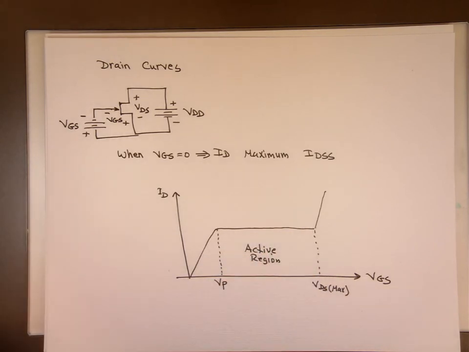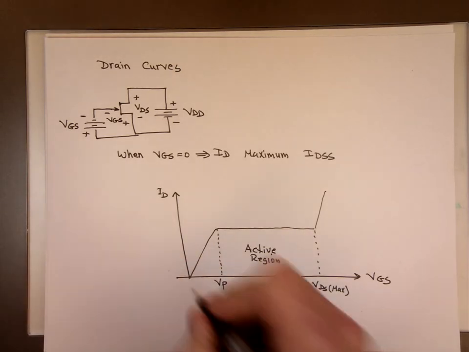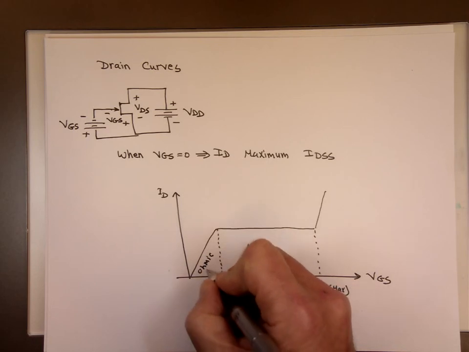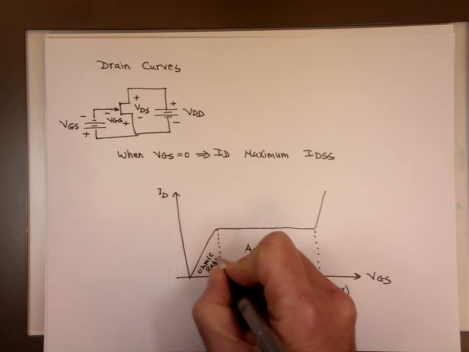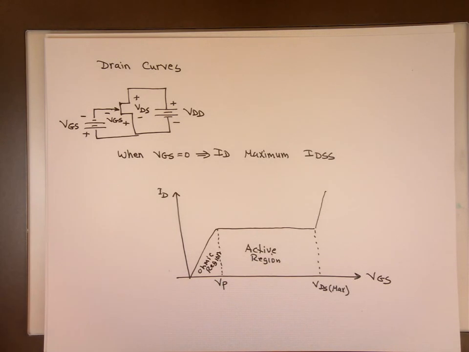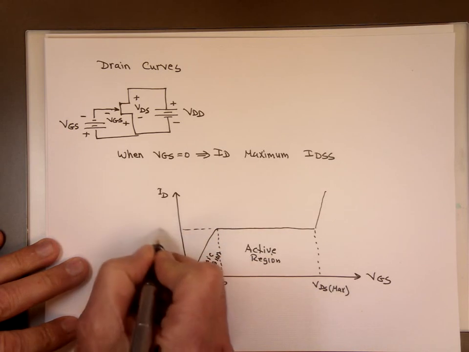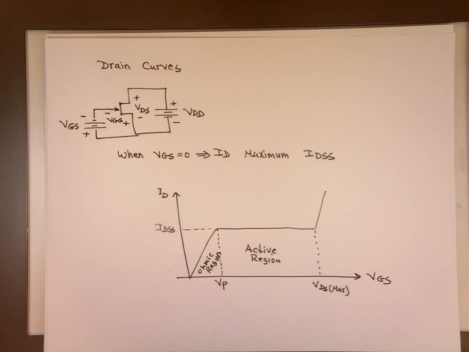And this section, I don't know if I can fit it there, that's the ohmic region. And again, we're going to call this I sub D SS, the maximum ID current.